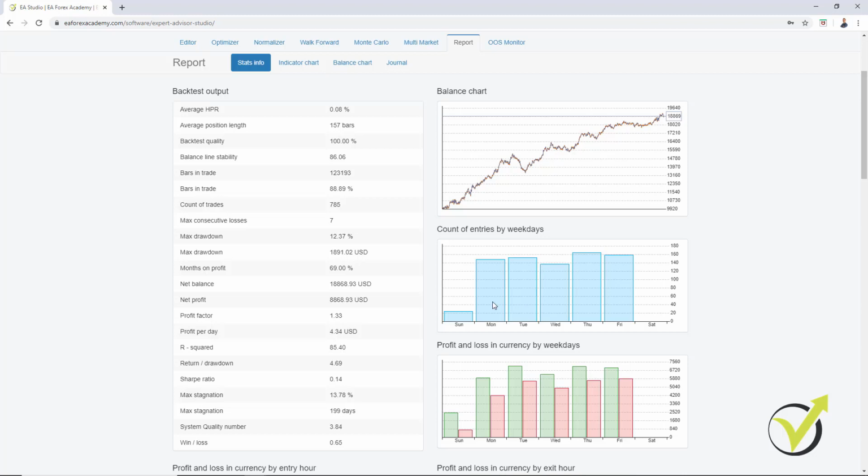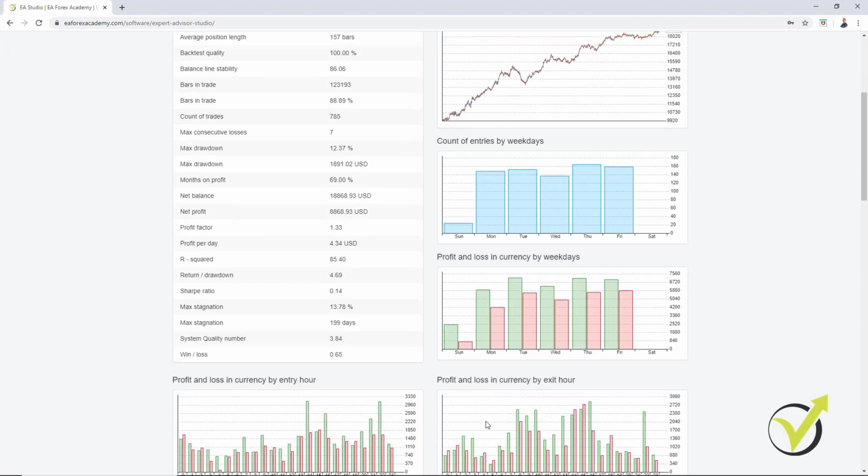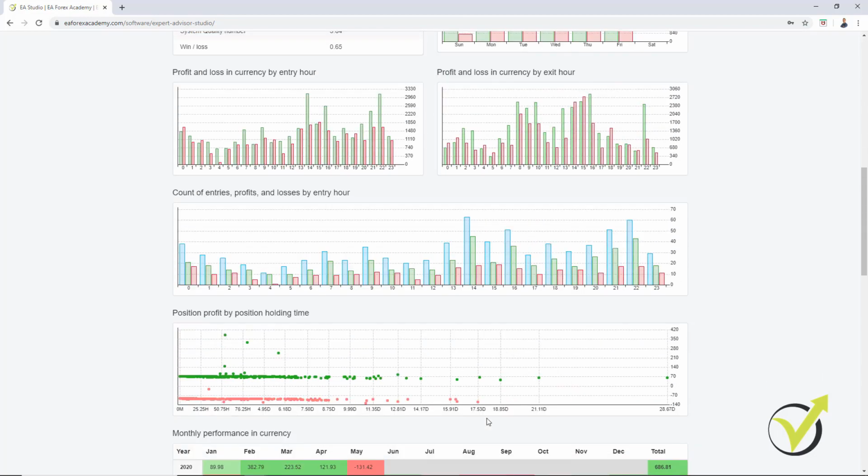Through the week from Monday till Friday, it has a very stable number of entries, and as well the profits and the losses in currency by weekdays are quite stable. And below are the profits and loss in currency by entry hour, which show us that the strategy is most active during the European session, the American session, and at the beginning of the Asian session.